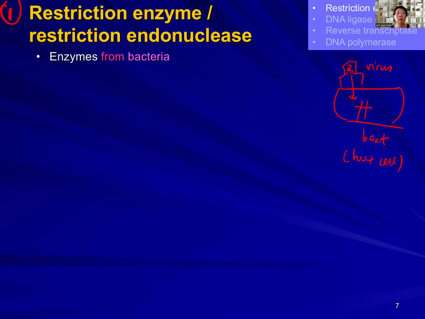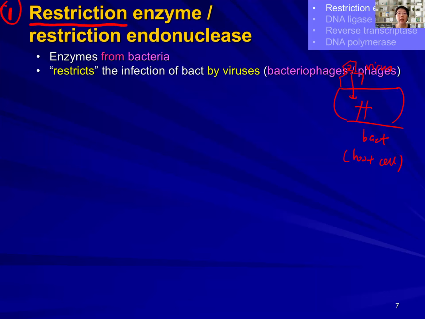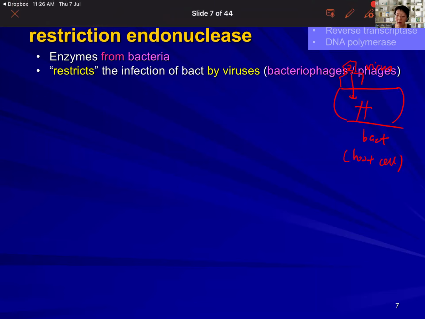They use this enzyme to cut, so it is called a restriction enzyme, because it restricts the infection of the bacteria by the virus. The virus that infects bacteria is called a bacteriophage, or phage for short.